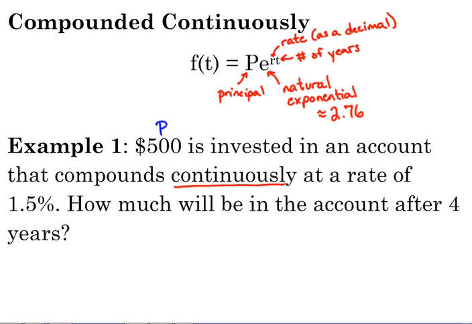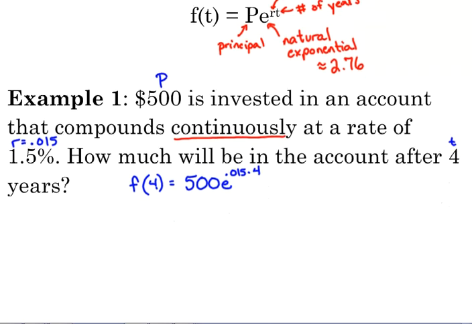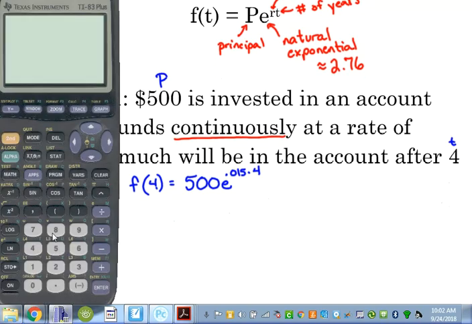At a rate of 1.5%, how much will be in the account after 4 years? So 500 is our P, our rate is 0.015, our T is 4 years, so f of 4 is equal to 500 times e raised to the 0.015 times 4. And again, we're plugging into our calculator.